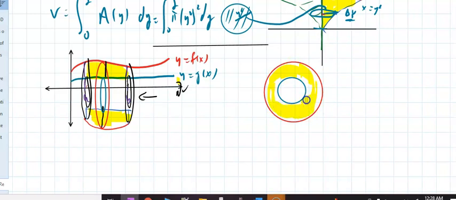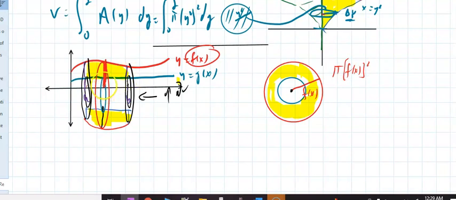It's hollow on the inside. The actual x-axis is that point right there. Do we see that the radius is f of x, and the area for the whole thing is pi times the radius squared? But I don't want the whole thing.